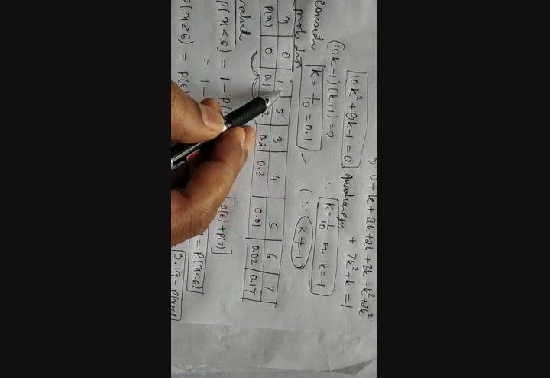We took each x into its p of x, and if you calculate this using the calculator, we get 3.66, which is the mean.